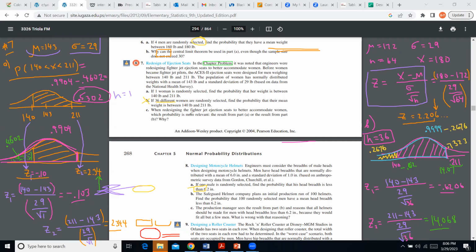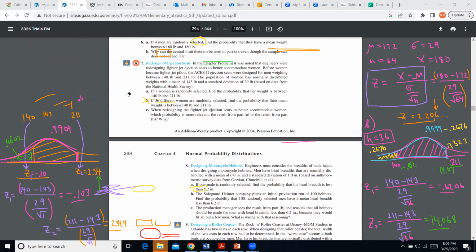And that's exactly what part C of this exercise is asking you, to see which part makes less sense. And I would say that's part B, right? Because in practice, you can just deal with every woman pilot separately.